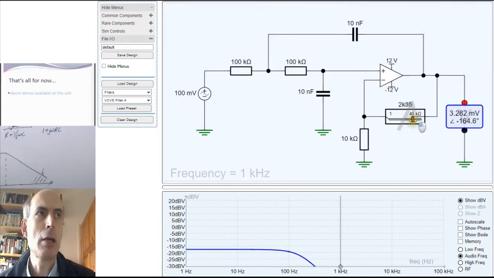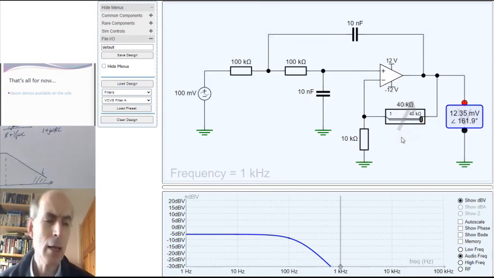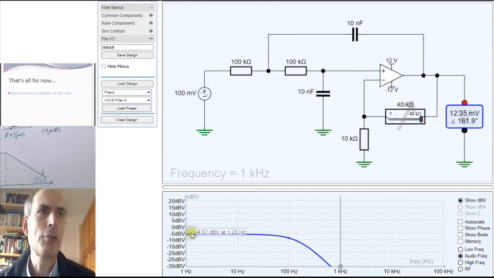And you'll see that as I change the value of this resistor, the gain of the circuit is changing, the low frequency gain here is moving up. And I'm beginning to get a resonant peak here as my Q factor increases. As I go up to 40k, the Q factor would be, in theory, minus a half. And the simulator is saying that this would be the amplitude response in that case.